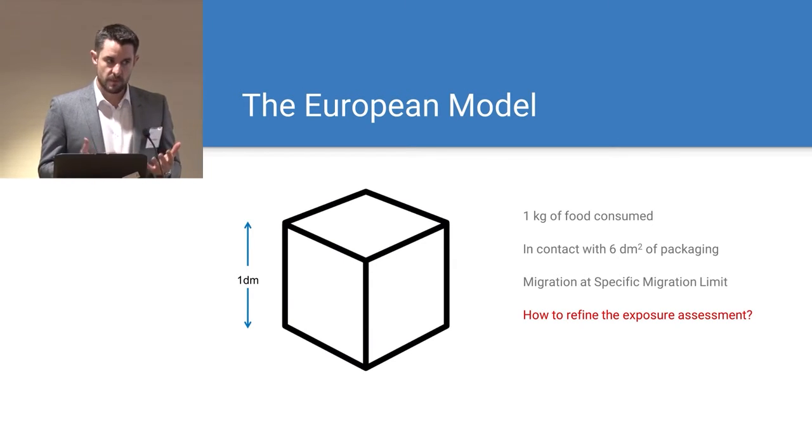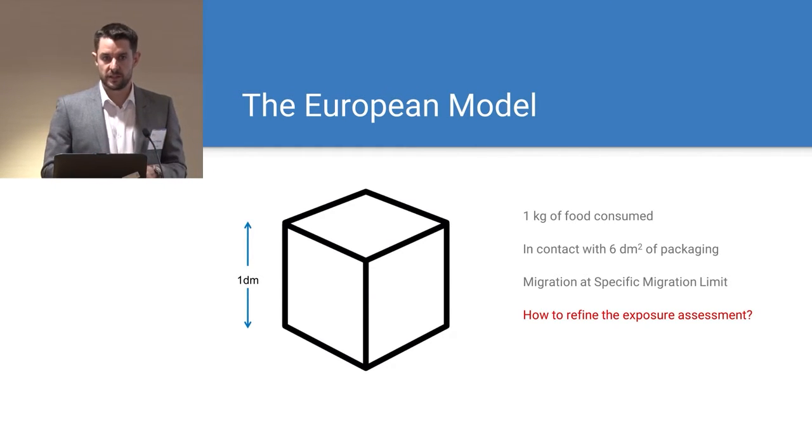So the European model, or the regulatory model of how you estimate exposure for food contact materials, is as follows. It assumes that people consume 1 kilo of food in the diet, and it's in contact with a cube of side 1 decimeter. So people consume 1 kilo of food that's in contact with 6 decimeters squared of food packaging. And the migration of the chemical occurs at the specific migration limit.